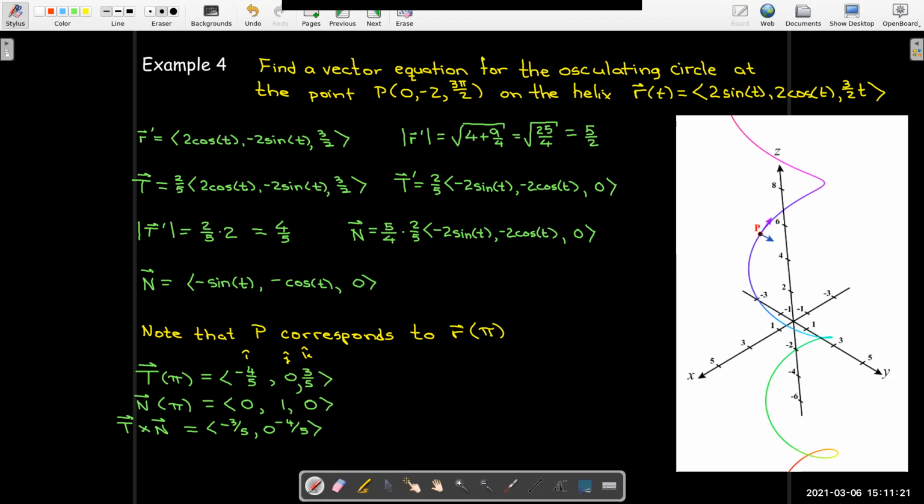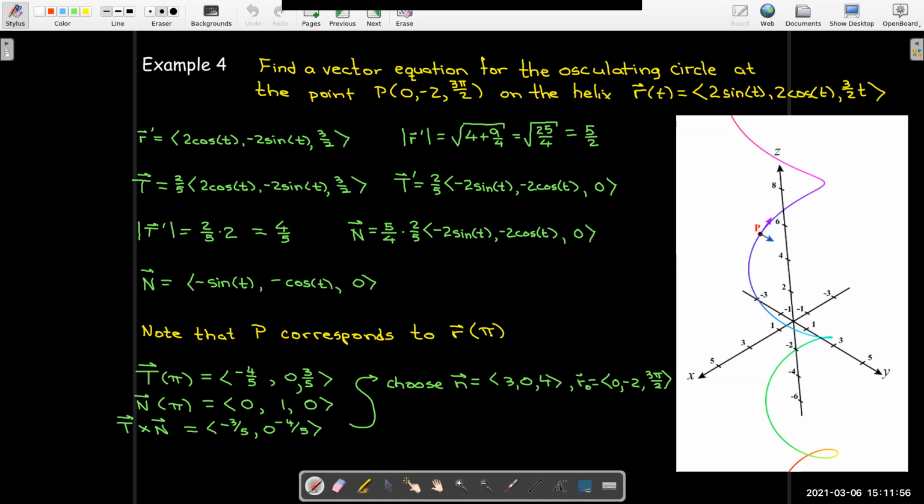I can choose any vector parallel to t cross n to be the normal vector for my equation of the osculating plane. So I'm going to just clear out the fractions and make all the components positive. So I use 3, 0, 4, and our given point, its corresponding position vector to point P, has components 0, -2, and 3 pi over 2.